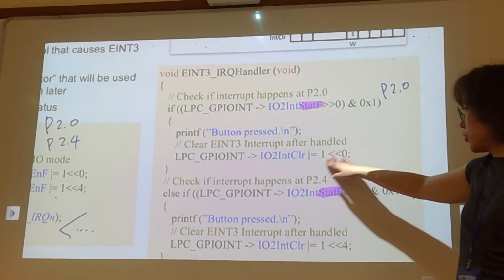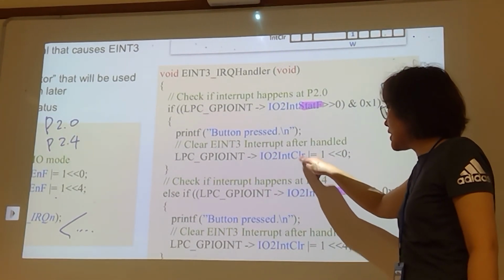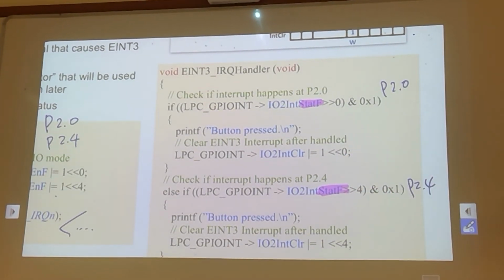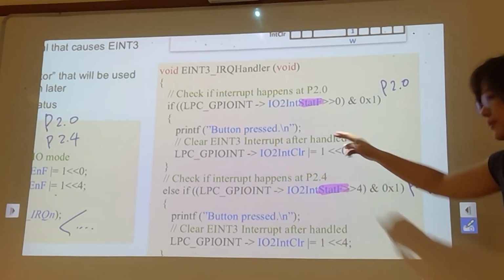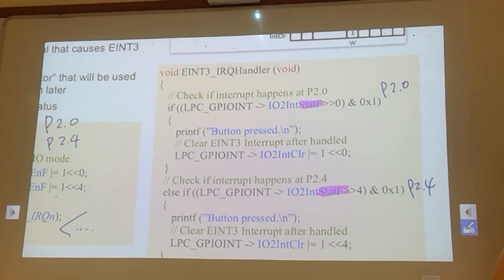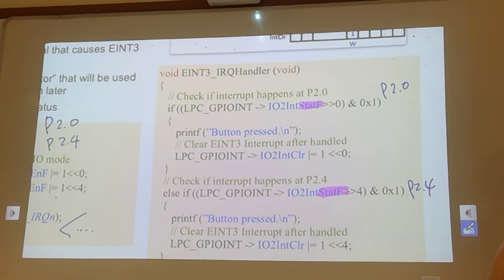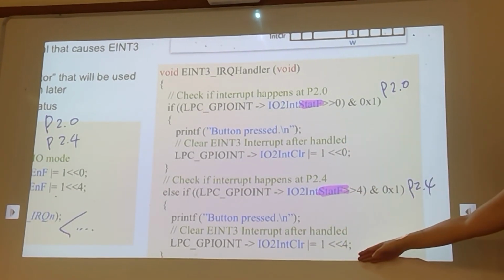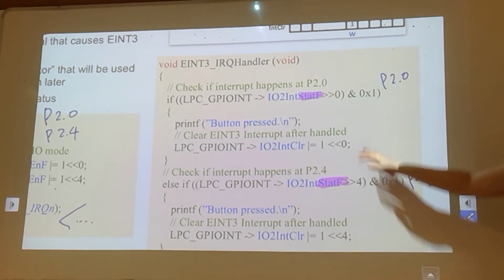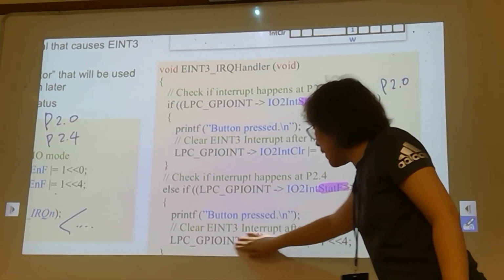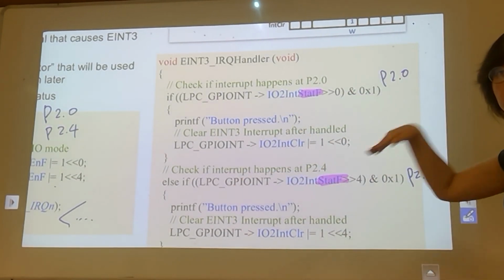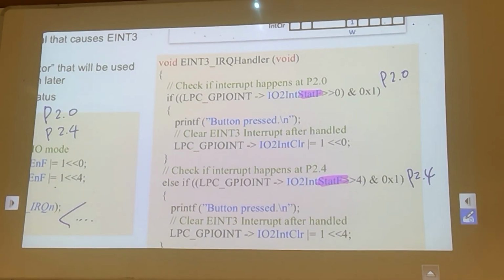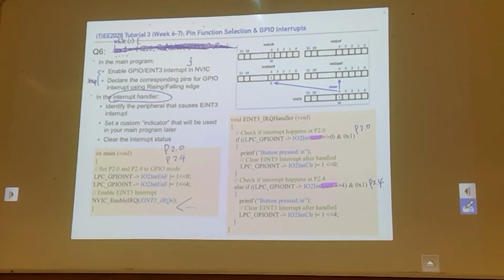Remember, to clear it, you go to the clear register and set the corresponding bit position to 1. You write 1 to the clear register, and you need to do this inside these two if statements. If you don't write it here, you will keep jumping into this. So get the idea? This is the idea of the interrupt.